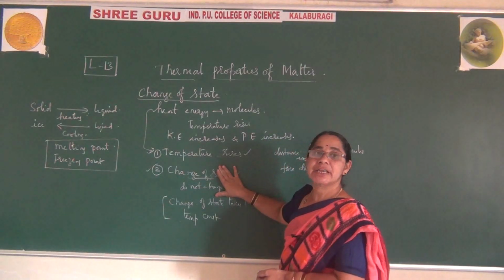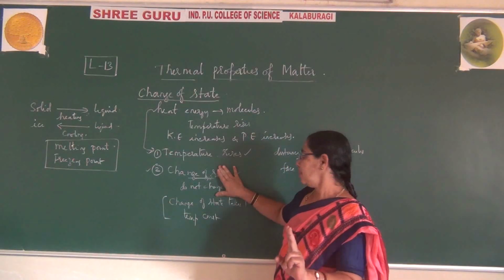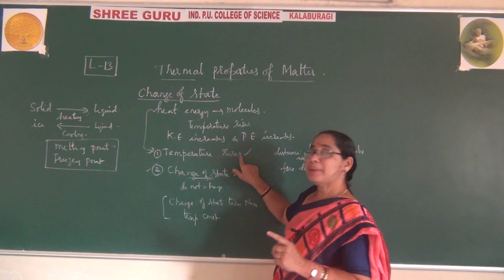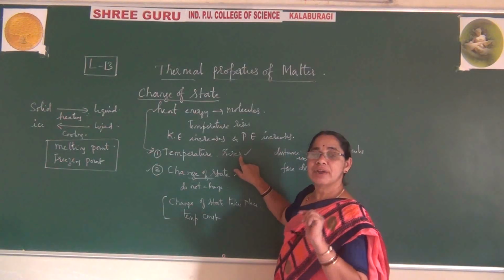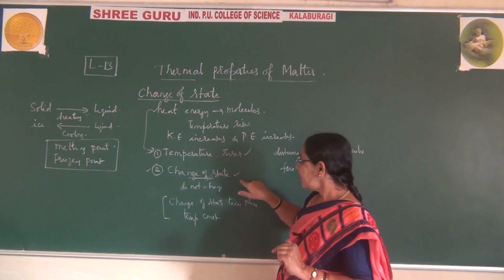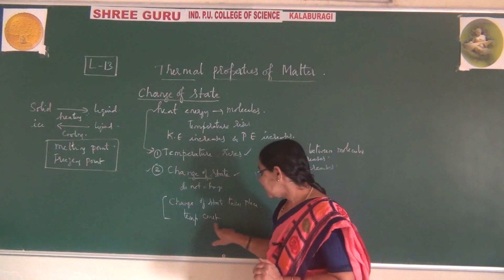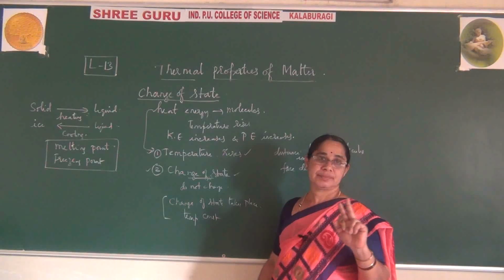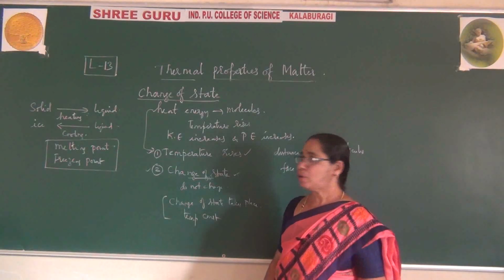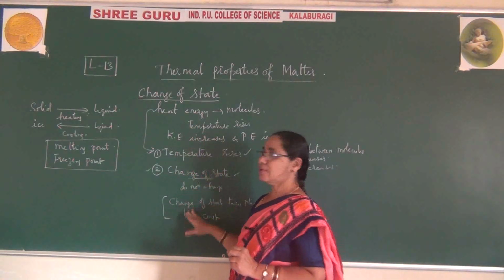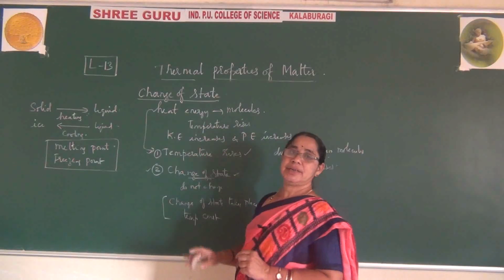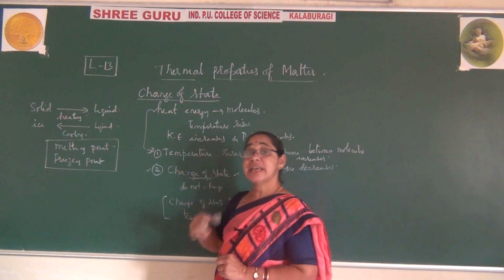When the rise of temperature stops, the change of state takes place, and at that time the temperature remains constant. This is the method you follow when a substance undergoes a change of state.